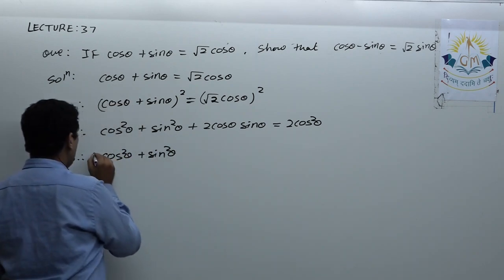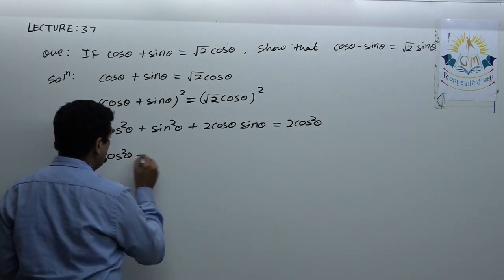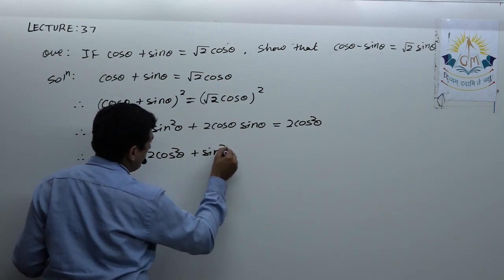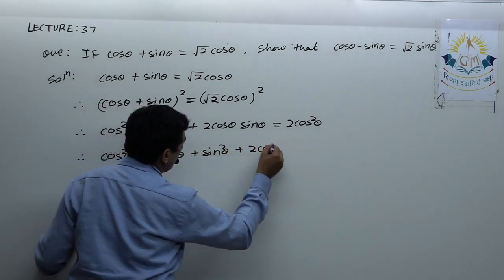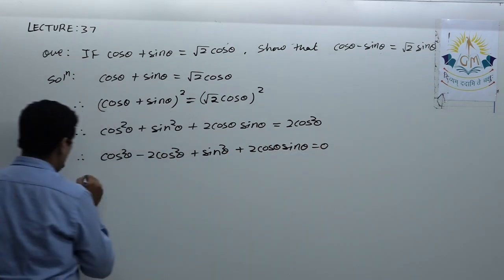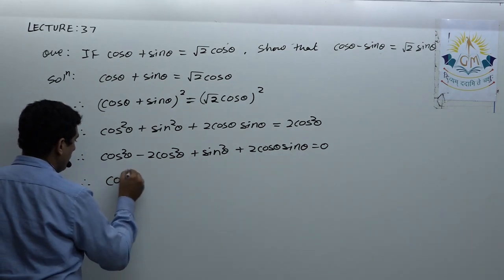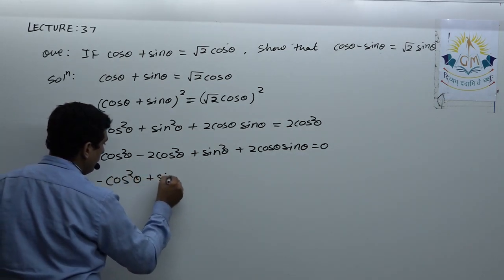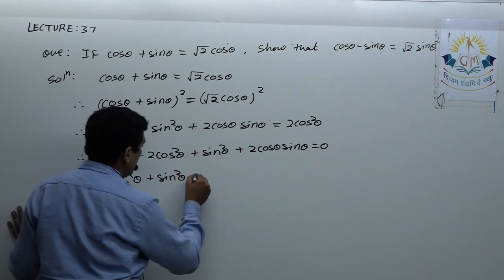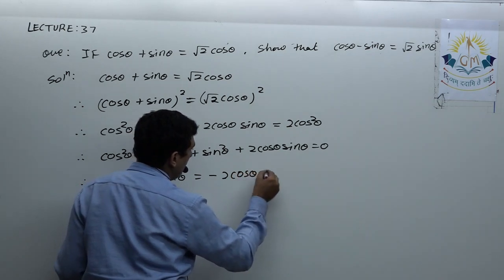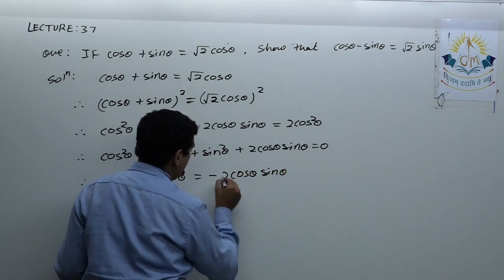Here actually it was cos square theta minus 2 cos square theta plus sin square theta plus 2 cos theta sin theta is equal to 0. So here I will get cos square theta minus cos square theta plus sin square theta is equal to minus 2 cos theta sin theta.